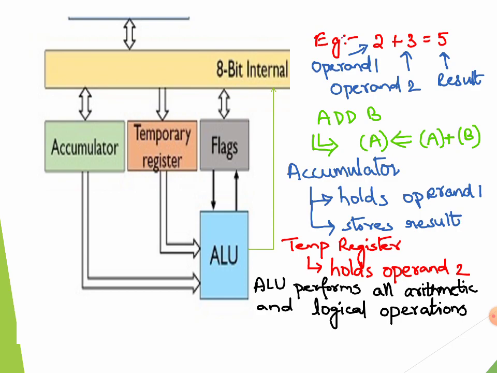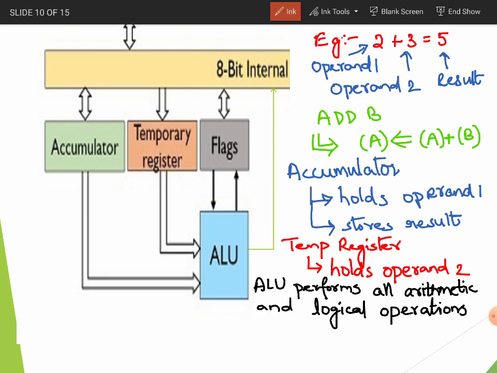So actually where is operand 2? Operand 2 is in the B register. So from the B register it will be taken to the temporary register.